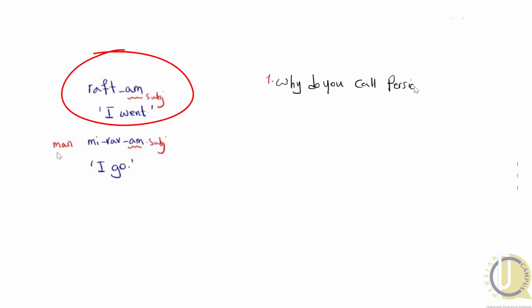But for now, if you're smart enough to think if رفتم means I went, then two questions. One, why do you call your language verb final? Because رفتم is made of the verb plus am, which marks the subject, so it should be VS, verb subject, not vice versa.